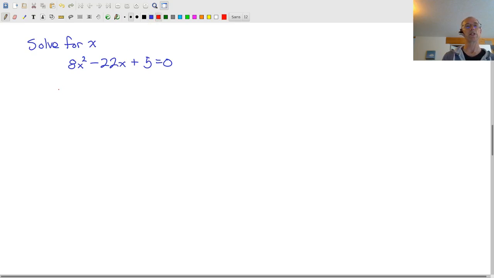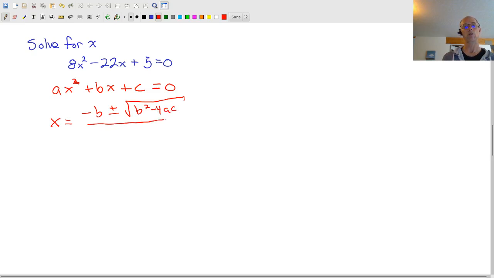Quadratic formula says if you have something that looks like a number times x squared plus some other number times x plus a third number with no x, and that's equal to 0, then x is always going to be equal to the opposite of b plus or minus the square root of b squared minus 4ac all over 2a.